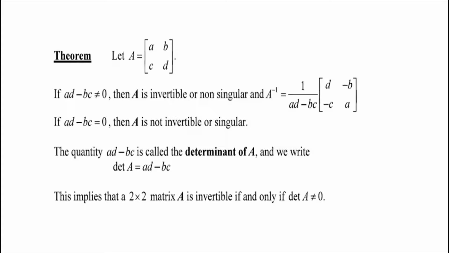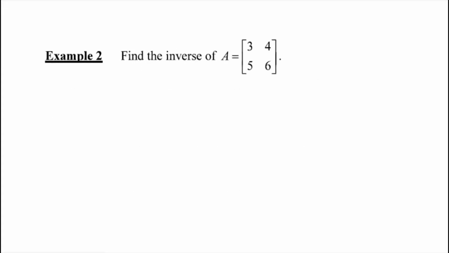If ad minus bc is equal to 0, then A is not invertible, or it's called a singular matrix. This quantity ad minus bc is called the determinant of A, and we write determinant of A is equal to ad minus bc. And this implies that the matrix A is invertible if and only if the determinant of A is not zero.